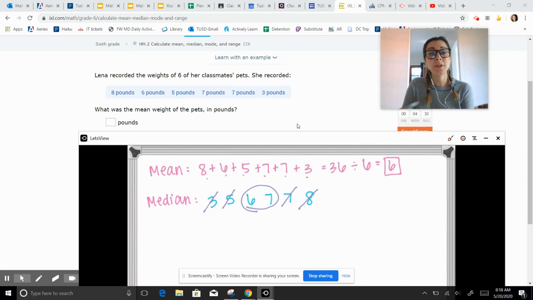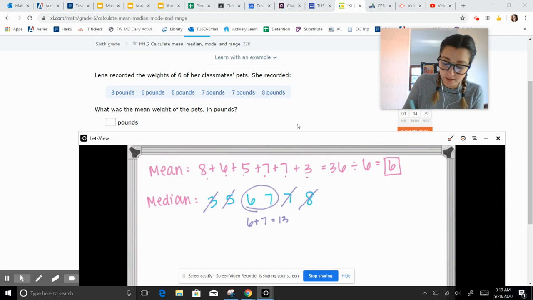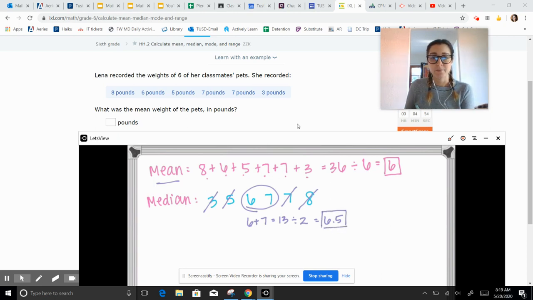So when you have that happen, you just find the average of those 2 numbers. So we do 6 plus 7, which is 13, and then divide by 2, just like we found the mean in the first part of this problem. So 13 divided by 2 is 6.5. So that means that our median for this data is 6.5. You can also kind of tell because 6.5 falls right in the middle of 6 and 7.